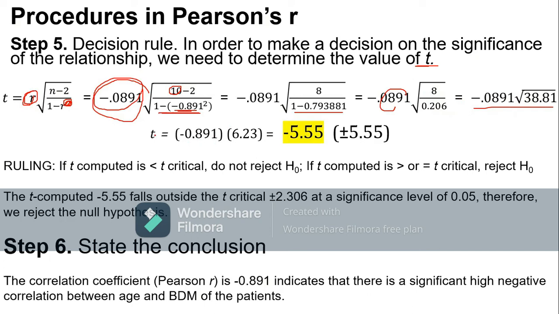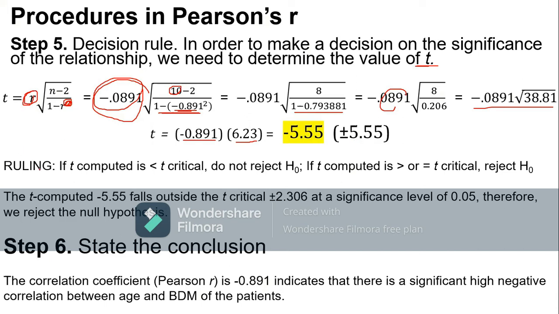Okay, the t is equal to yung ating Pearson's value multiplied by 6.3. Okay, so equals to negative 5.55. So, ang ating t computed value is negative 5.55.